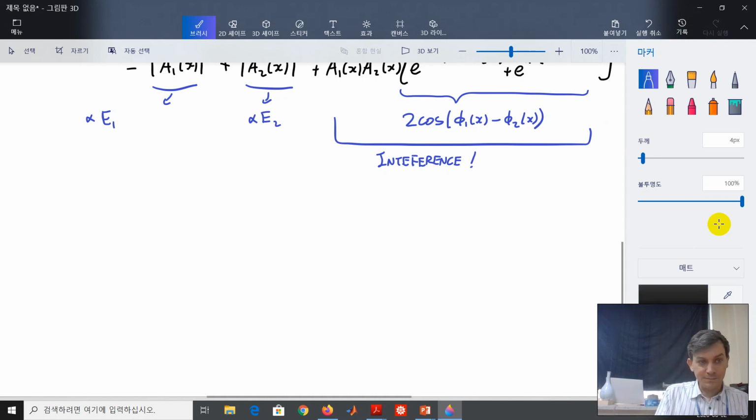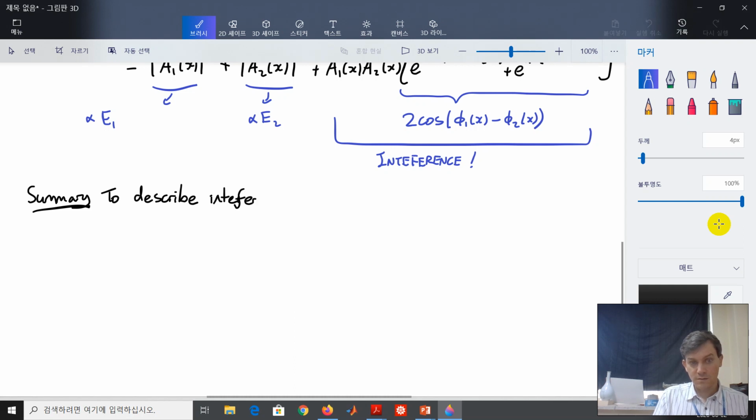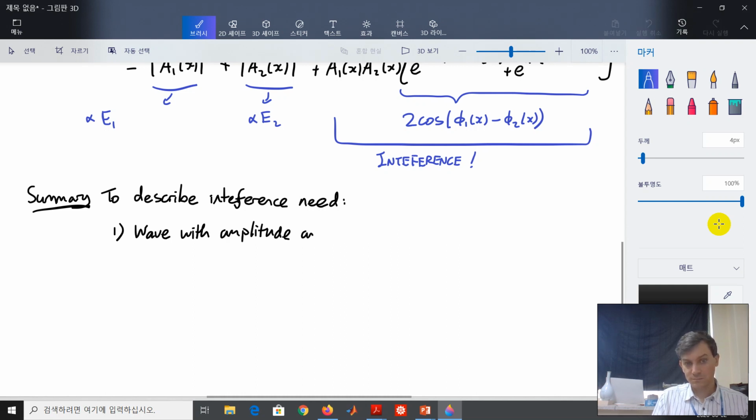So in summary, to describe the interference, we need the following effects. The first one is a wave with amplitude and phase, which is what I described by this function a(x,t).